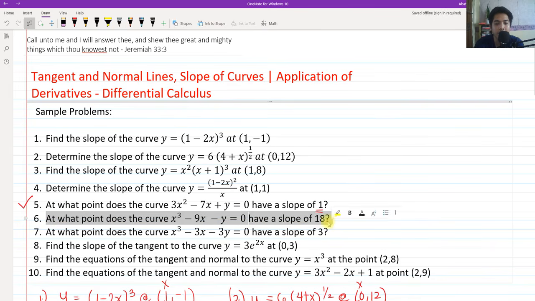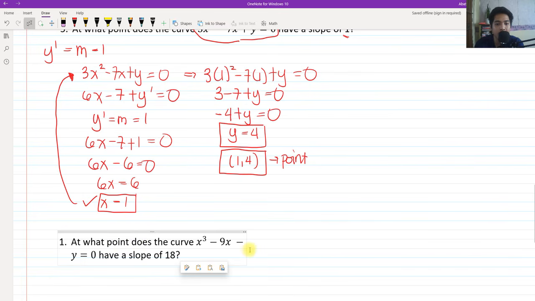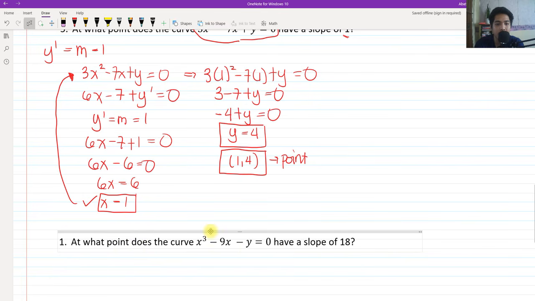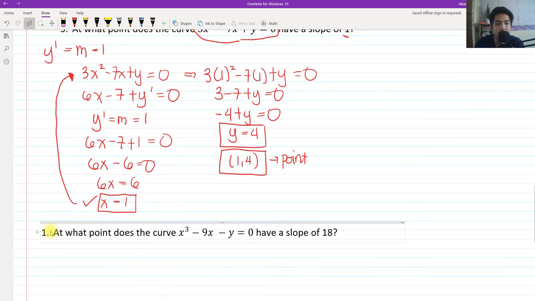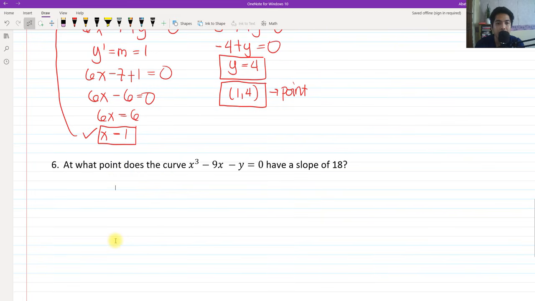How about for number 6? Same process because we are asked to find the point. So this is problem number 6. At what point does the curve x cubed minus 9x minus y equals 0 have a slope of 18? The same process that we are going to do, class.